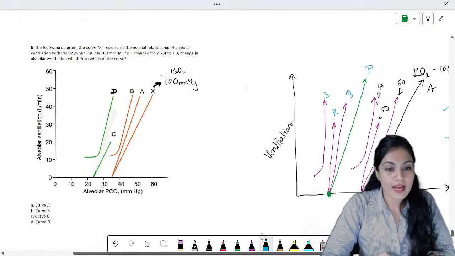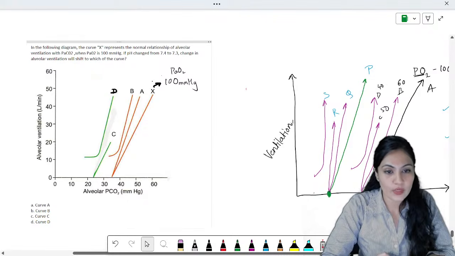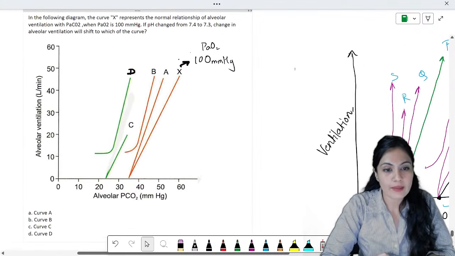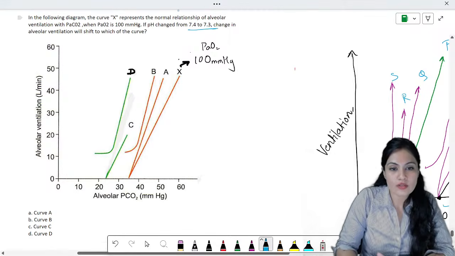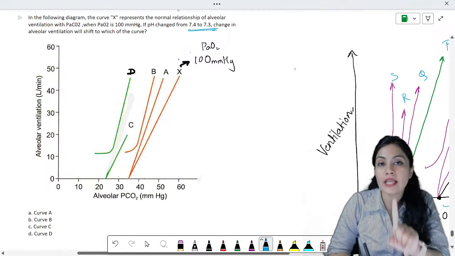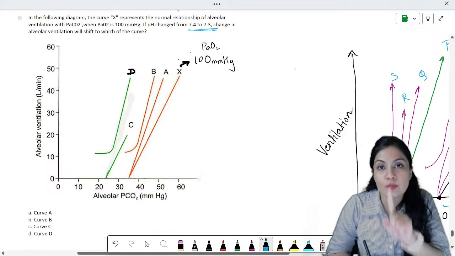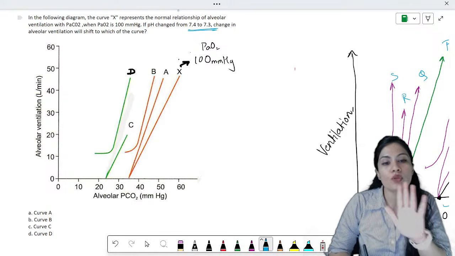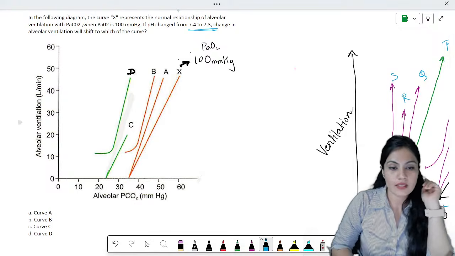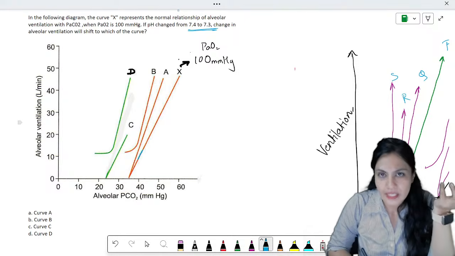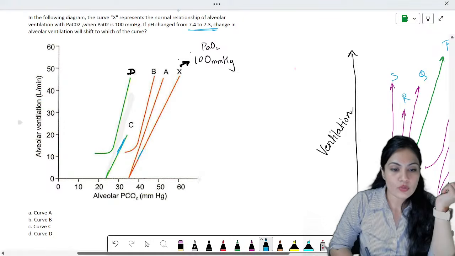And if I have to answer this question over here, then see over here what is happening. They are saying that the acidosis is there. They haven't mentioned that there is decrease in the partial pressure of oxygen. So we are going to mark the diagram which is parallel to the x graph, right? So this is going to be this line.